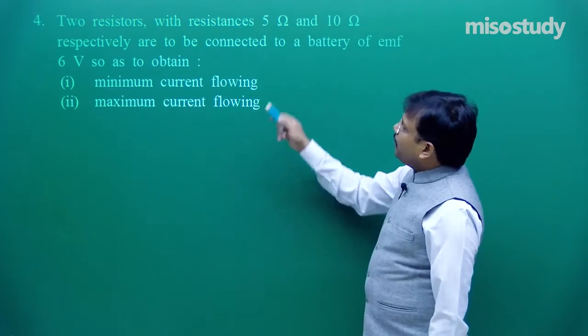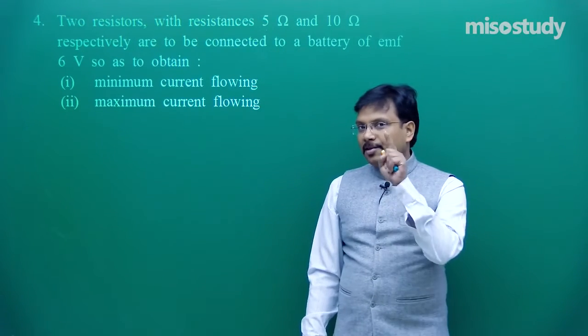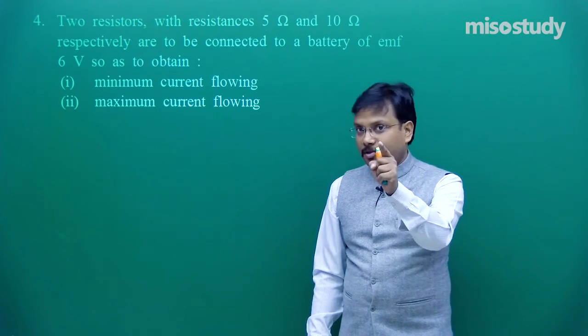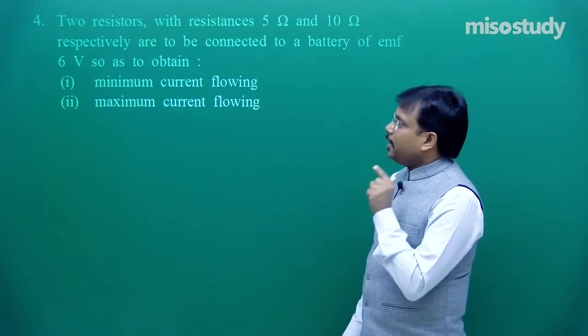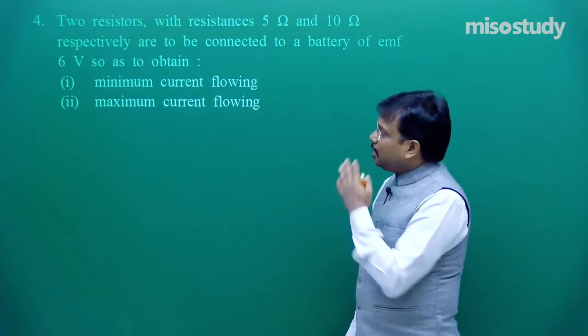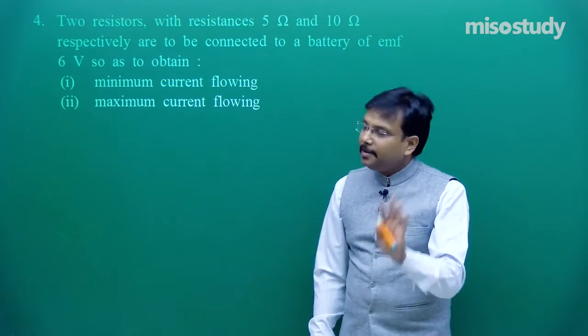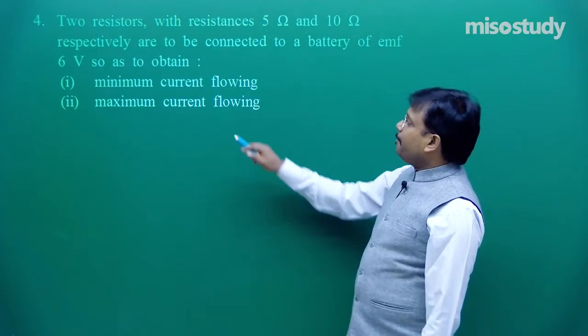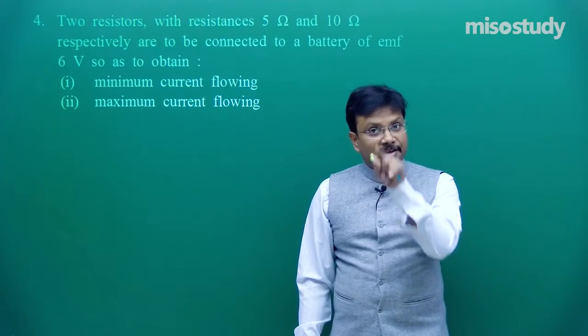Now, when you connect the resistors in series, resistance is going to be maximum, fine. So, if the resistance is maximum, the current will be minimum. Second, maximum current flow will take place when resistance is minimum.